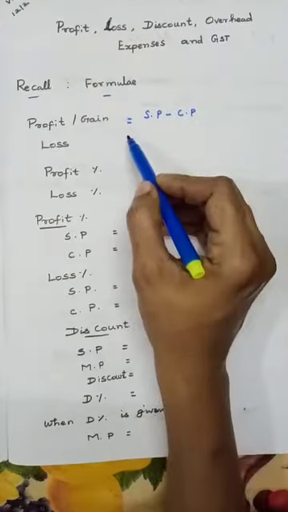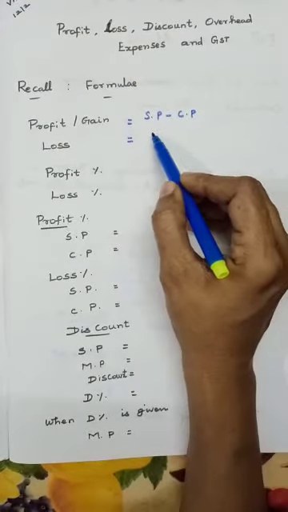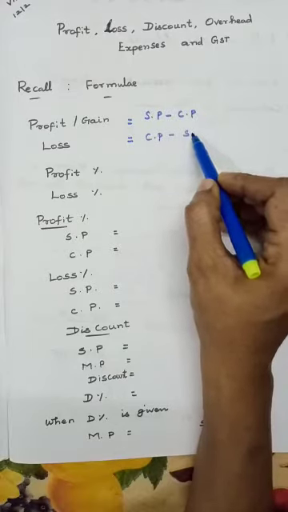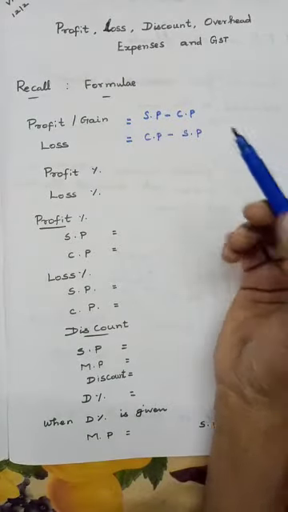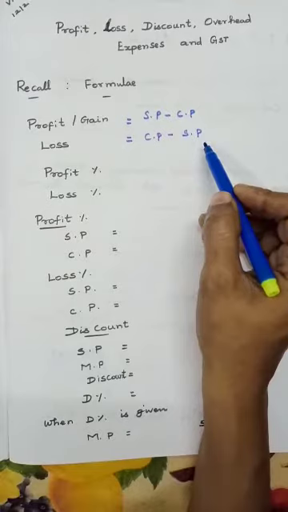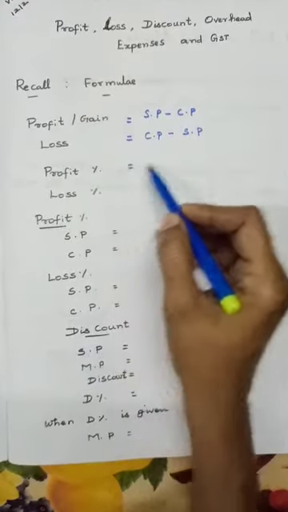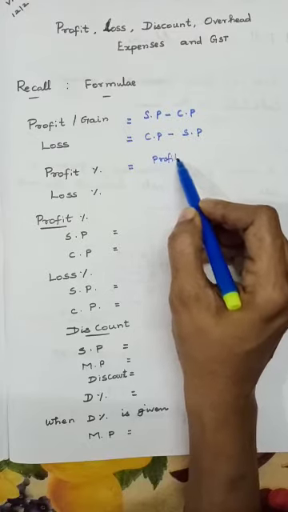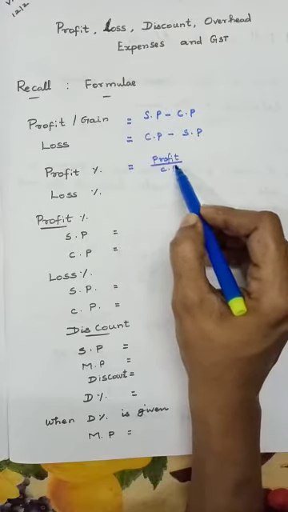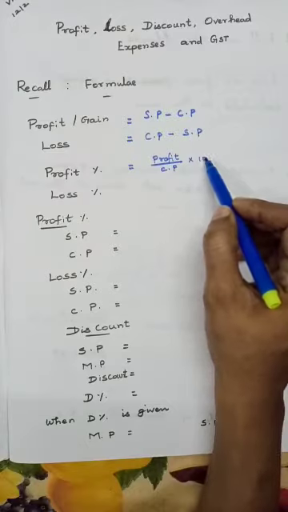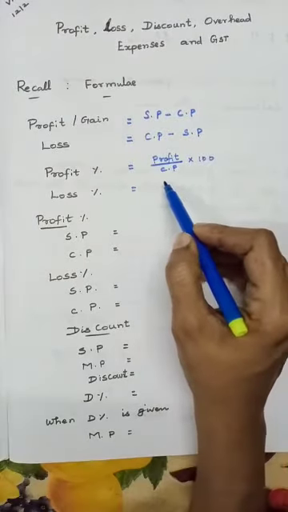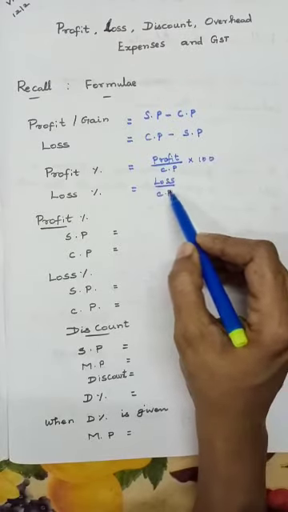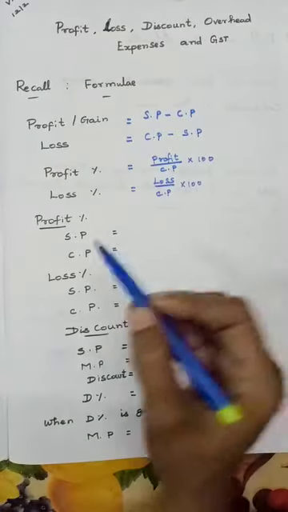Loss means CP is greater, so CP minus SP. Then profit percent is equal to profit by CP into 100.